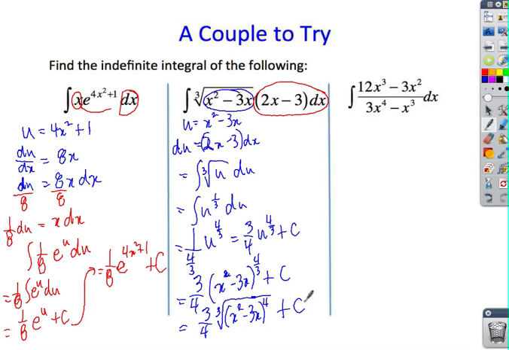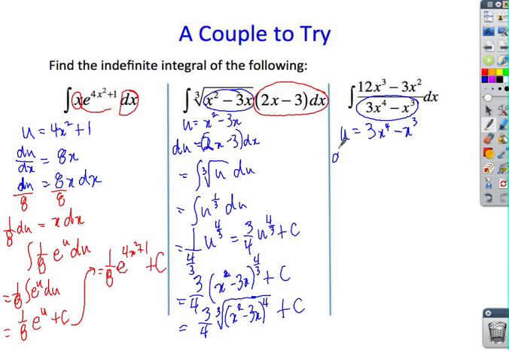And now the third example on this page. Again, try and identify the most complicated or highest order part of the expression. Hopefully you recognize that as the denominator. So we can set that equal to u. So u will equal 3x to the 4 minus x cubed.